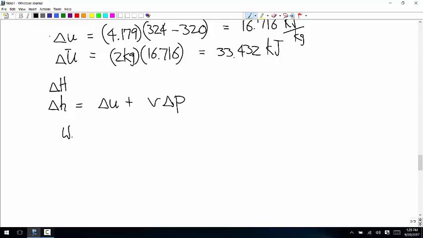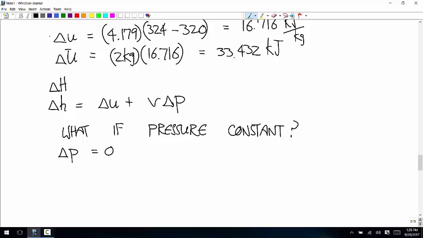So let's first think, what if the pressure stays constant? Then the change in pressure is 0, and the change in specific enthalpy is the same thing as the change in specific internal energy. So the change in total enthalpy is the same as it was for the change in internal energy, 33.432 kilojoules.